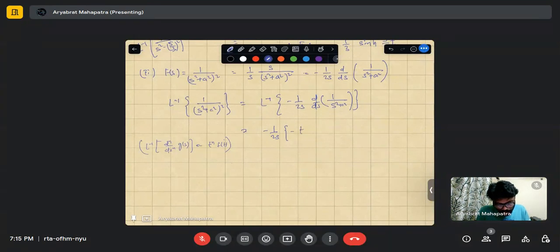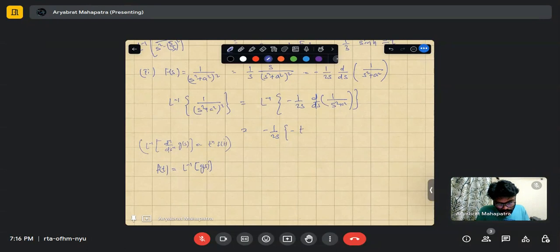Then your f of t is basically the inverse Laplace of g of s. So when you do the inverse Laplace transform of 1 over s squared plus a squared, that will give you 1 by a sine at. So that is the inverse Laplace transformation of 1 over s squared plus a squared.